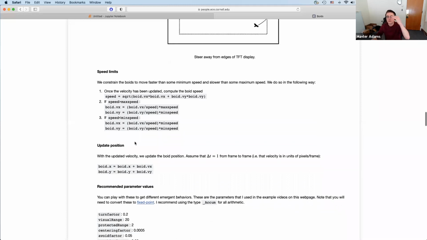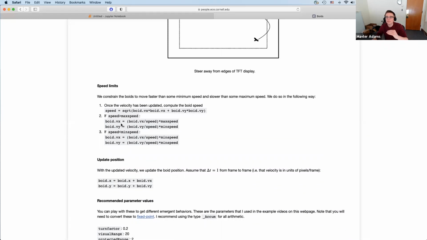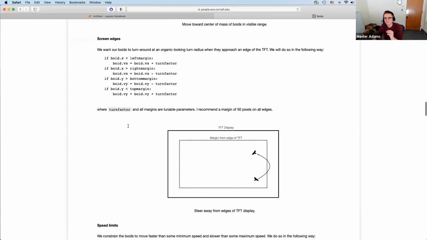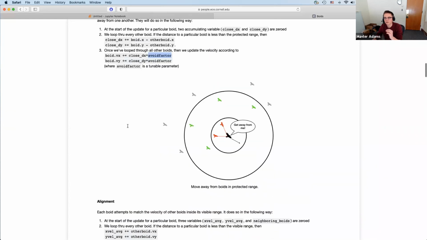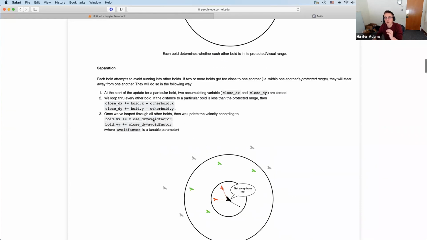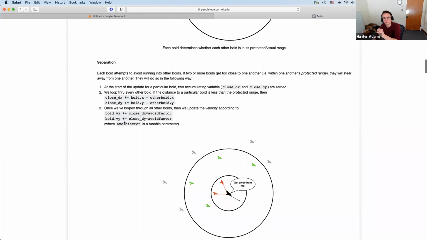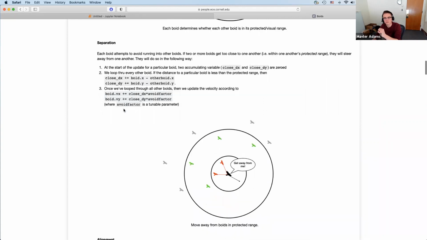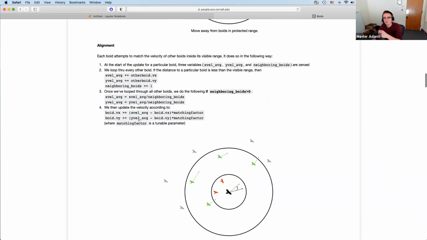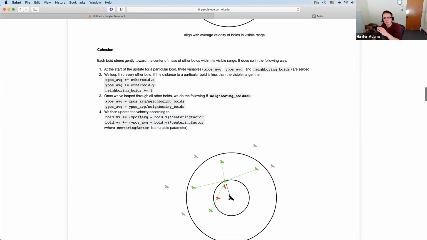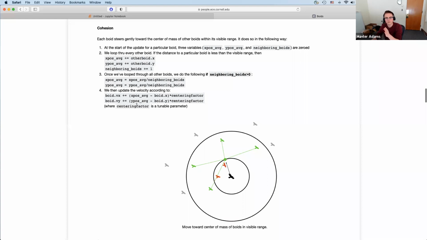So these are the steps by which you update each boid's velocity. The contributions to the velocity update include getting away from birds in the protected range, so there's some change in the velocity associated with this. It's also updated in an attempt to align with nearest neighbors, and in an attempt to move towards the center of mass.